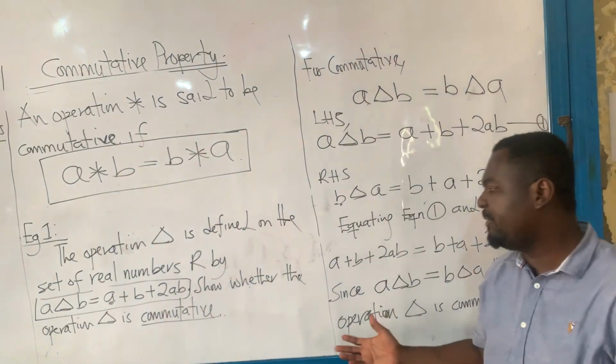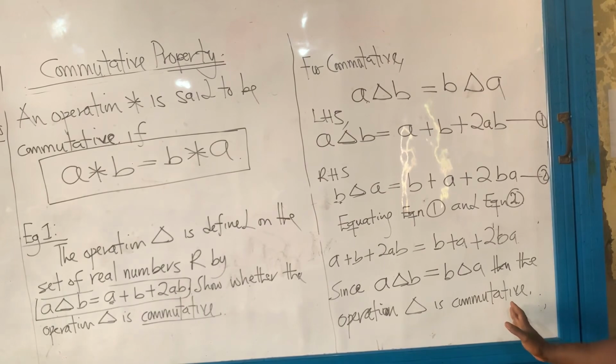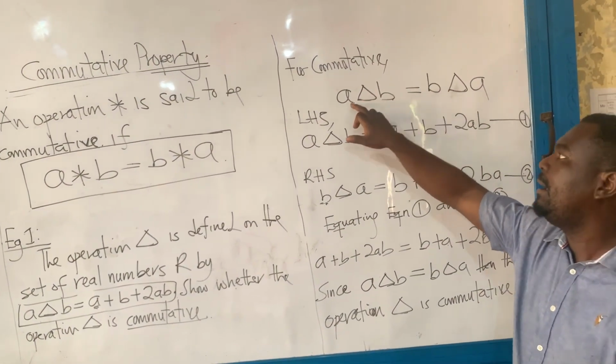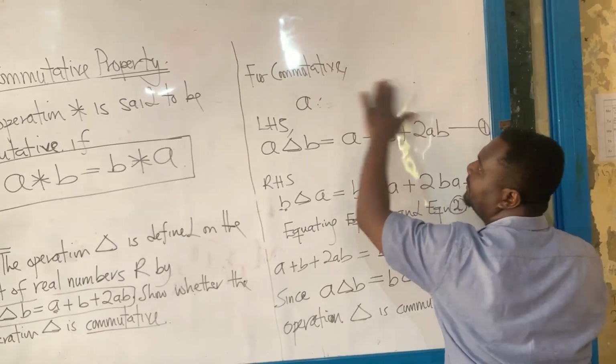So it's very simple. We've been able to prove that the operation triangle is commutative by considering the condition for commutative, A triangle B.